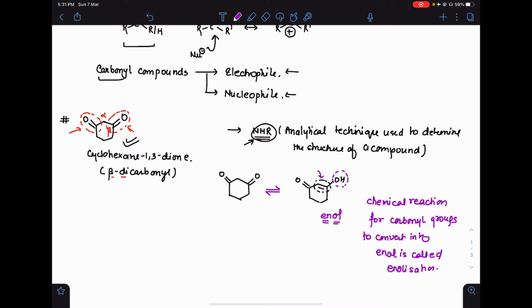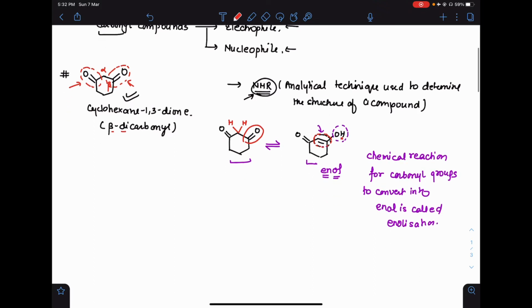Enolization. So what is the main difference between the carbonyl compound and the enol? The main difference is, first of all, the position of the double bond. The C double bond O double bond shifted its position to a carbon-carbon double bond, and one of the hydrogens from this position shifted to oxygen. That is the major difference.